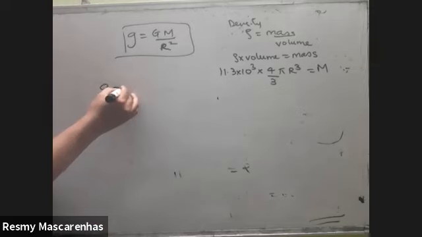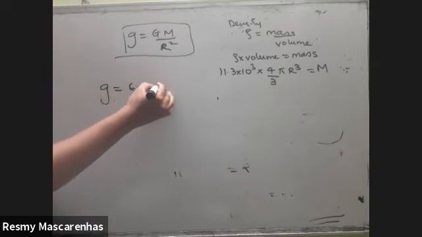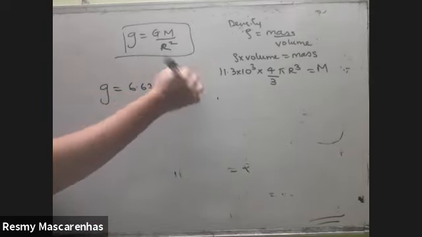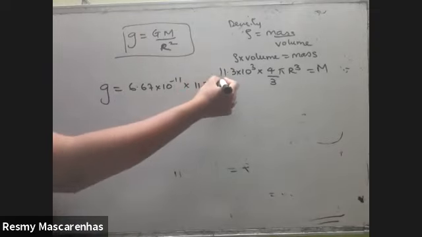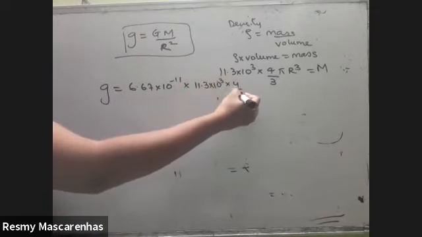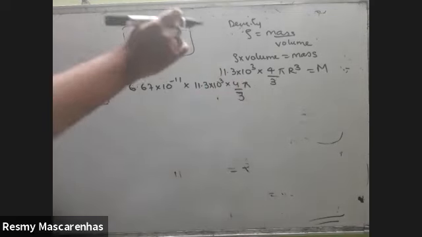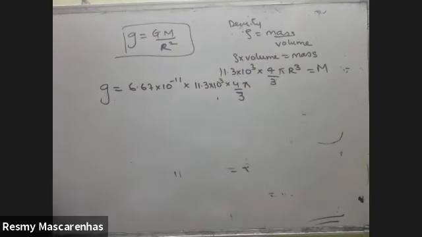So g we have to calculate. This has already been given. Now this mass will be this value, 11.3. R is the radius of the earth, which has already been given.